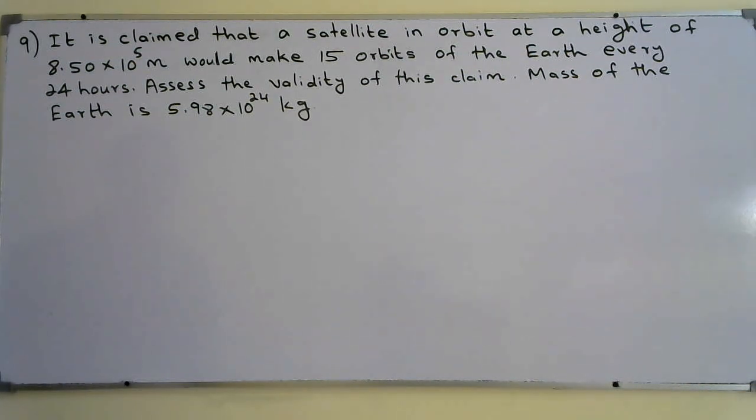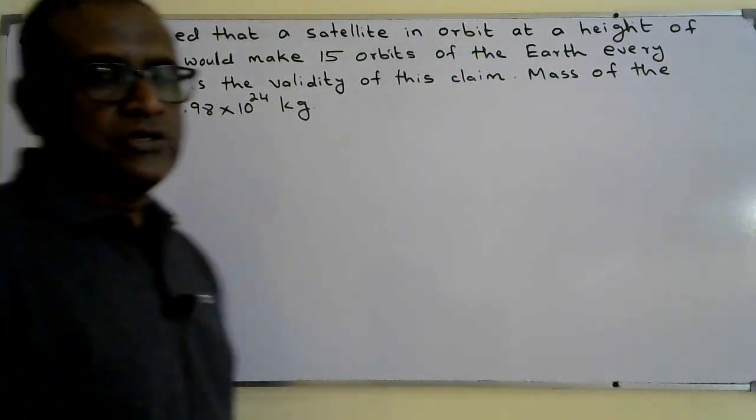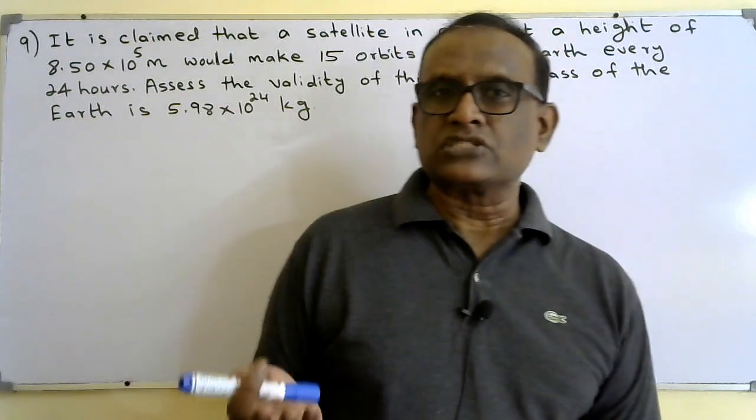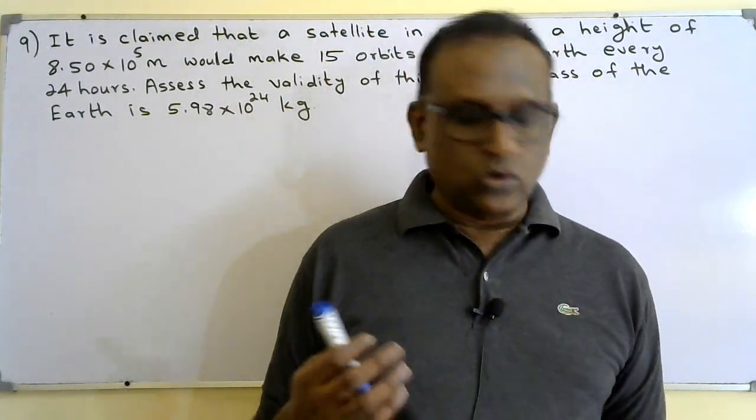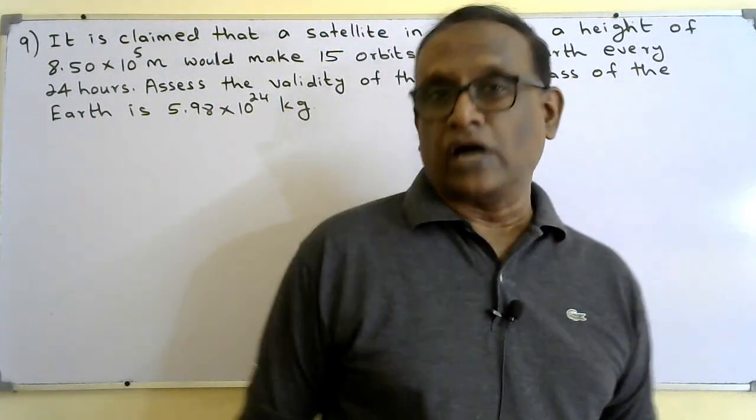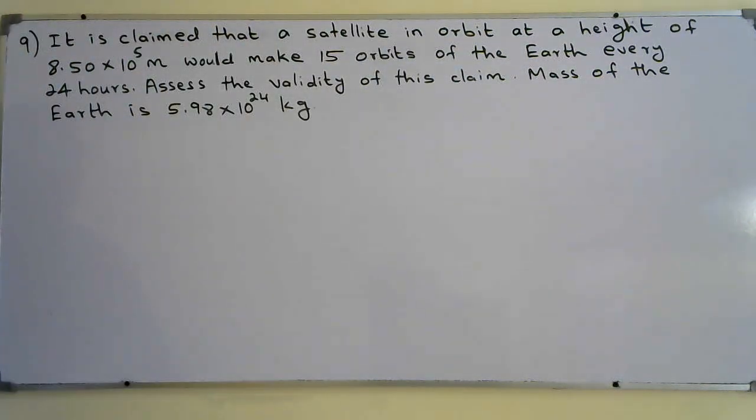Here I am going to use the equation we used so far: T squared equals 4π squared over GM into r cubed. Anyway, if you must derive that equation, they might ask you to derive it in the previous part.